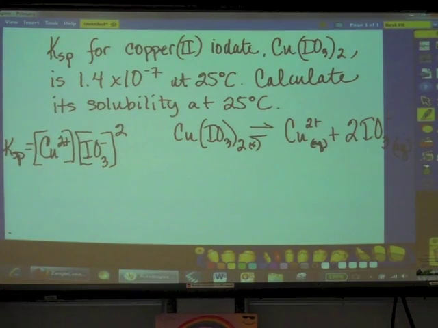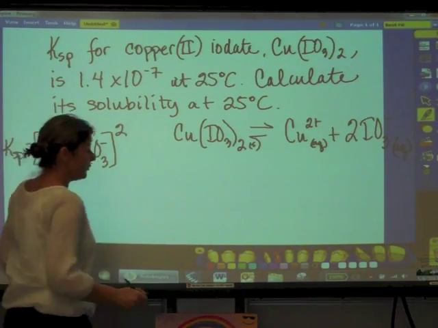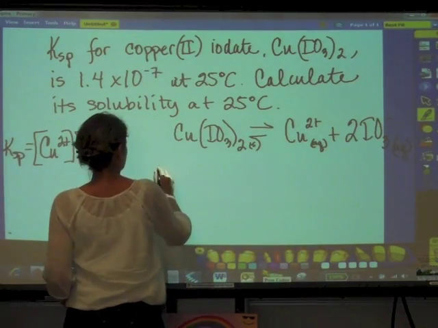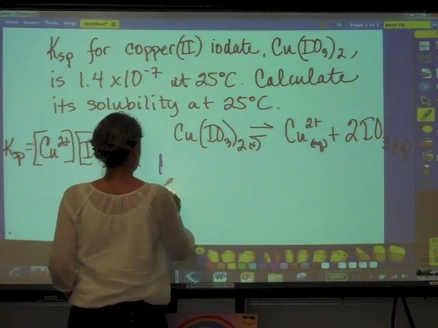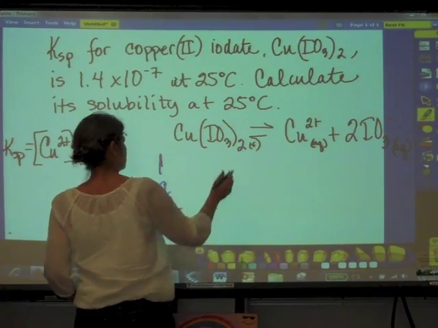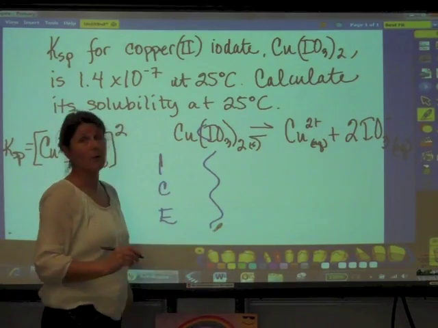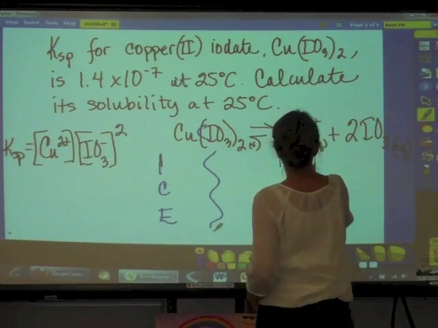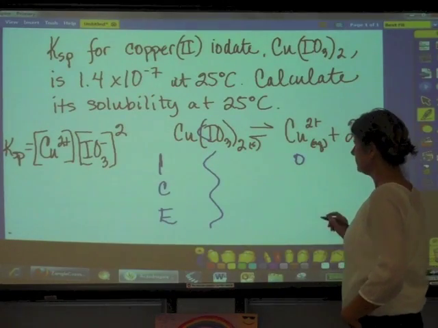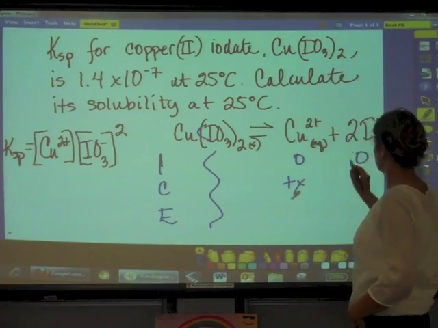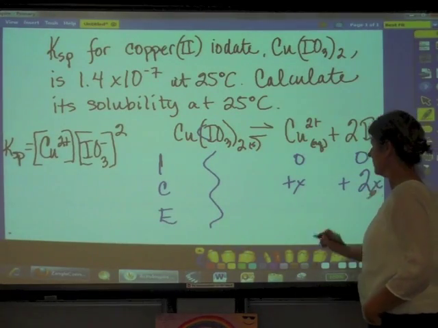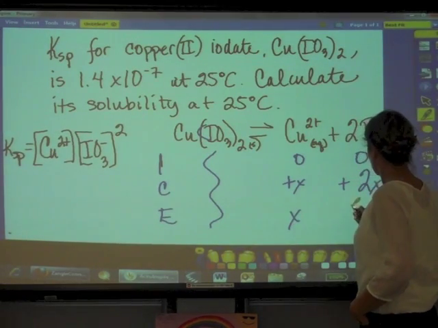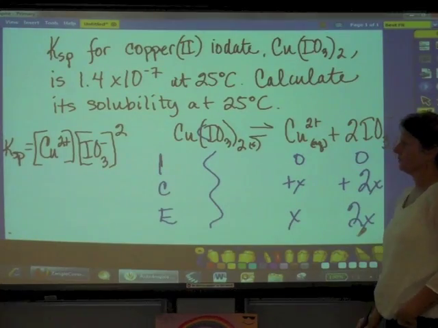I know that, and I'm trying to find x. So if we make an ICE diagram here, I, C, 0, 0, plus x, plus what? 2x. So I have x and I have 2x.